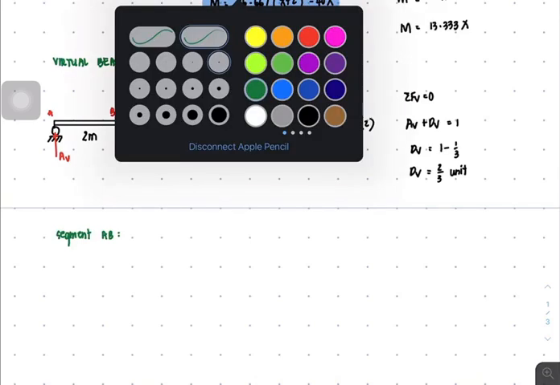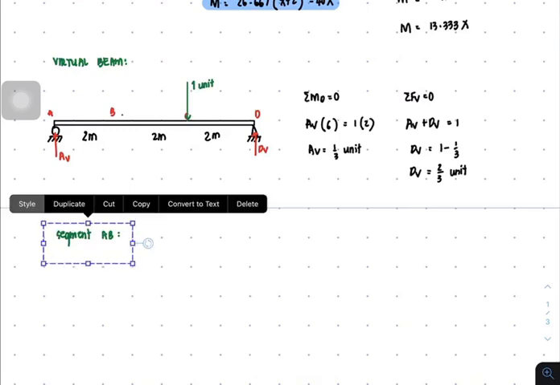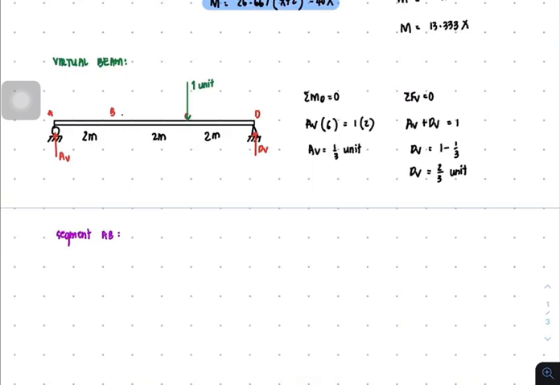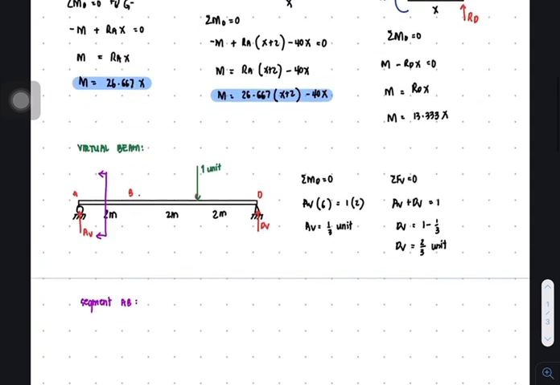So I'll use this. This one. Cutting here and considering the left. Again, be consistent. We're considering the left here, so therefore it is left there.